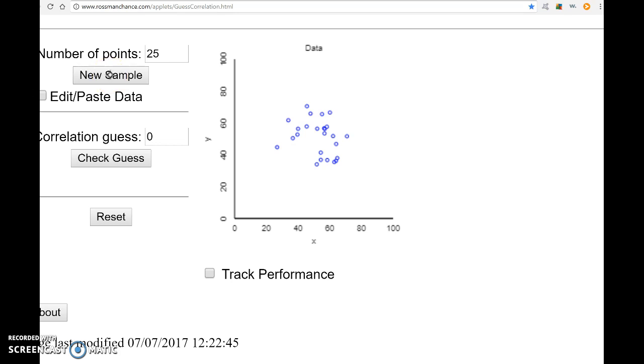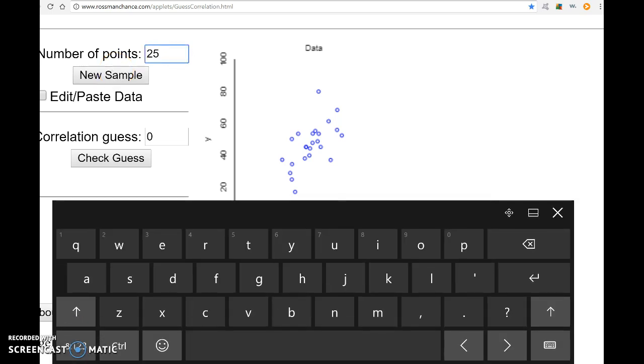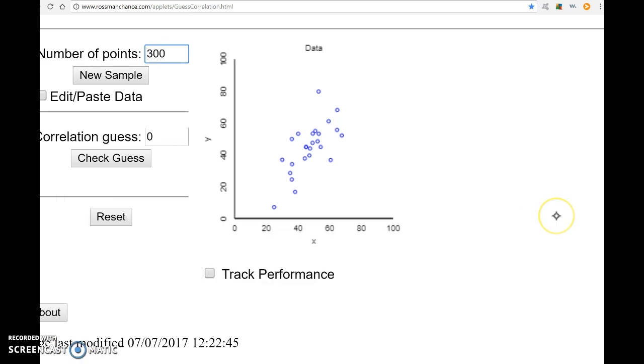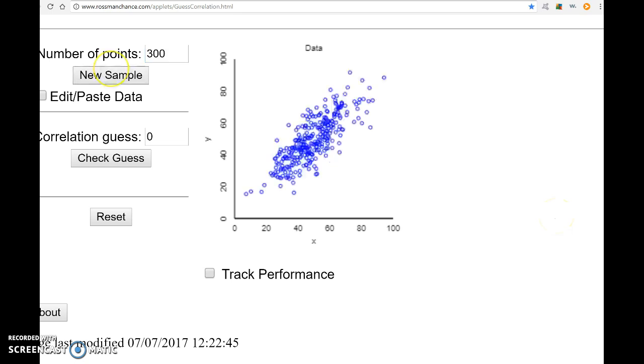I'm going to guess a little bit negative, negative 0.1. So you can play around with this, and this is stronger, positive 0.8. And if you wanted to, you could even increase the data set size. Like instead of doing 25 points, you could do like 300 points. Positive 0.8.